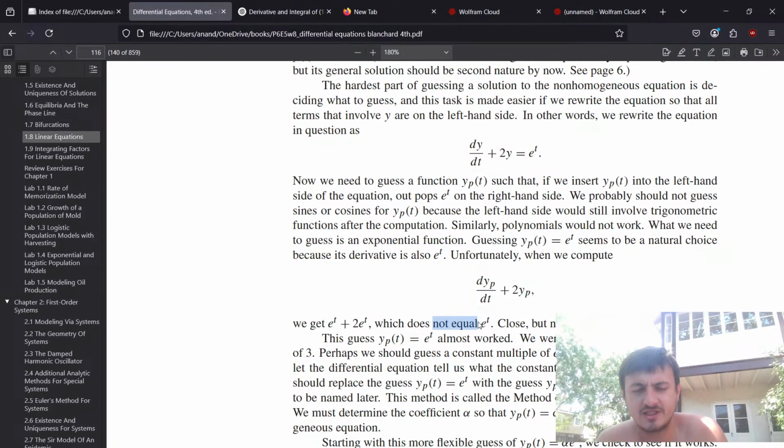Okay, perhaps we should let the differential equation tell us what the constant should be. Okay, method of undetermined coefficients.